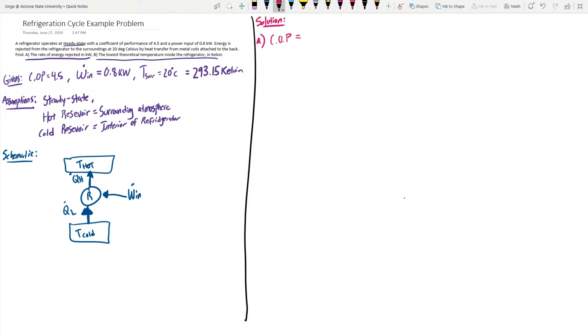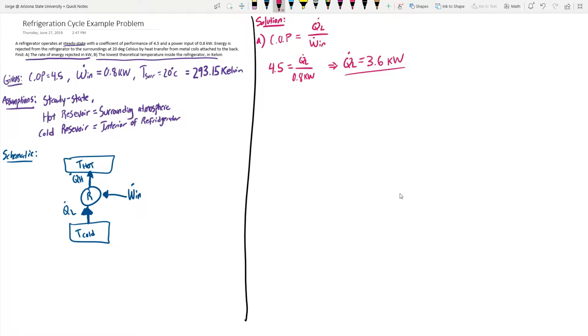So for a refrigerator, our desired output is this QL, so it would be QL over W in. We know this is 4.5, it's given, and W in is also given, 0.8 kilowatts. So if I solve, we get that QL dot is 3.6 kilowatts.